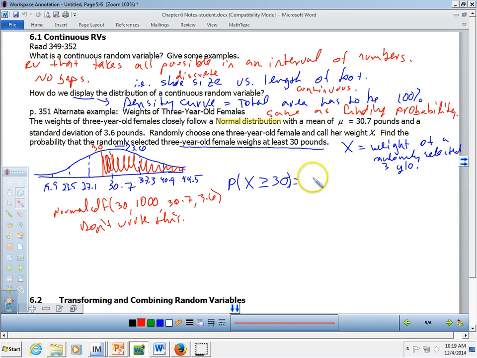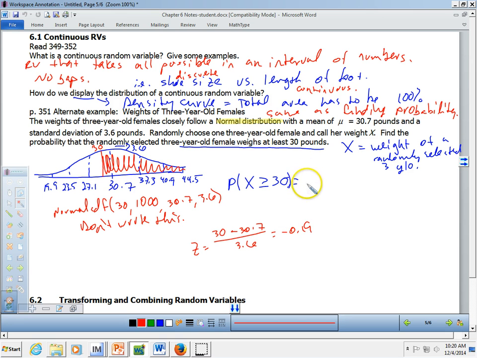Or we can use Table A. In Table A, we have to find the z-score. So remember, the z-score is the value that you're concerned about, 30, minus the mean, which is 30.7, divided by the standard deviation. And when you do that, the z-score is about negative 0.19, at which point you have to go into the table. Remember that the table always gives you area less than, so I need the complement of that.